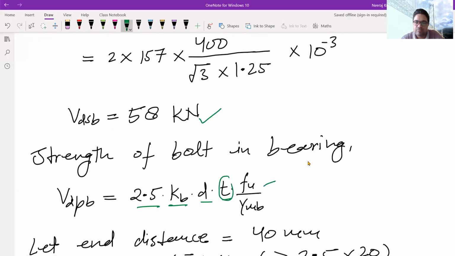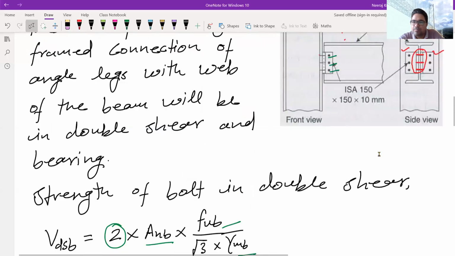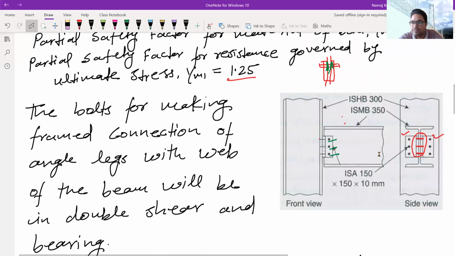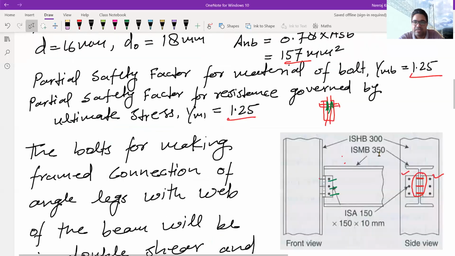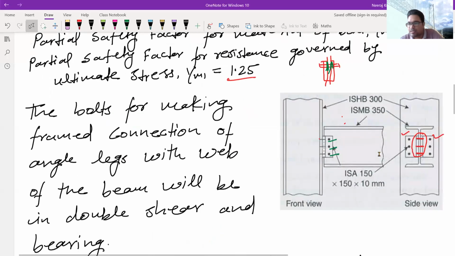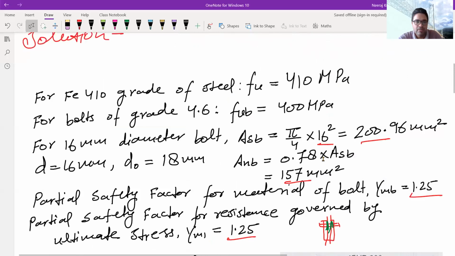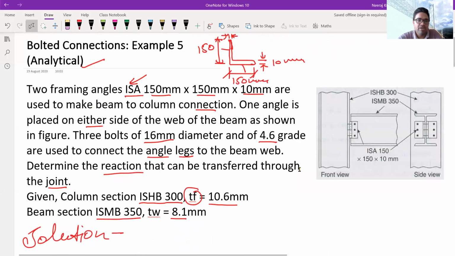Now this t we have to compare. The thinner plate, the thinner part, will be the thickness that we take. Here one is the angle leg, and the angle thickness is 10 mm. It is already mentioned here that the angle thickness is 10 mm. Similarly, for the beam section, the thickness of the web is already given here, which is 8.1 mm.